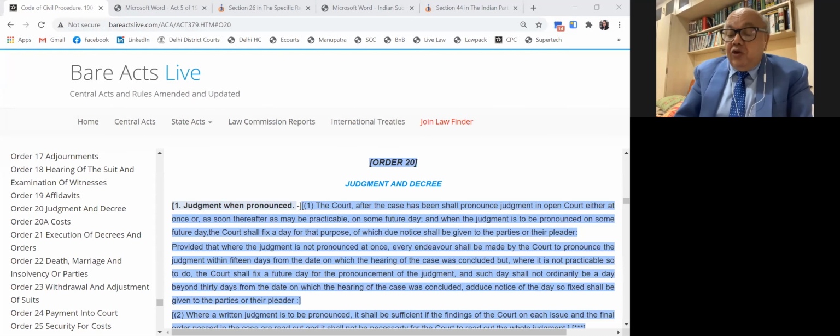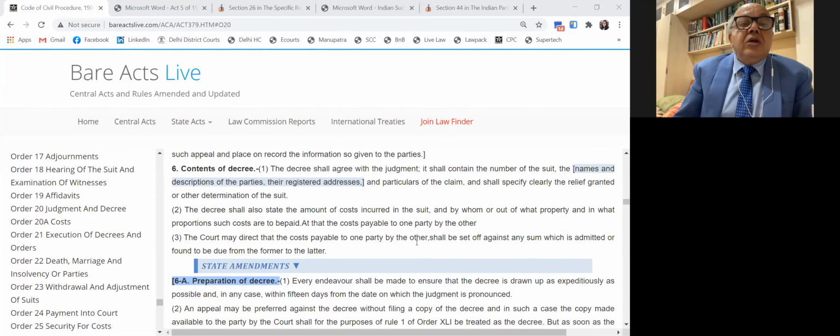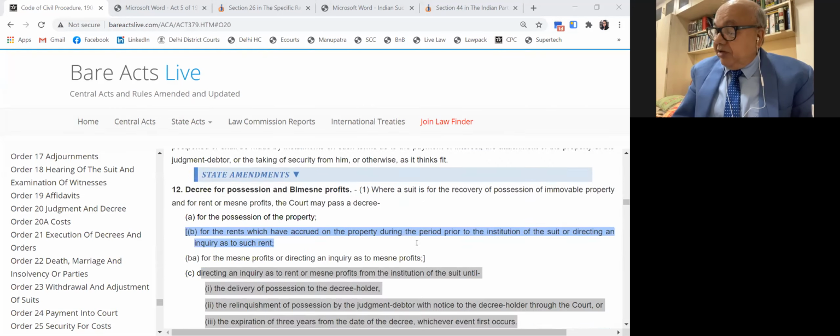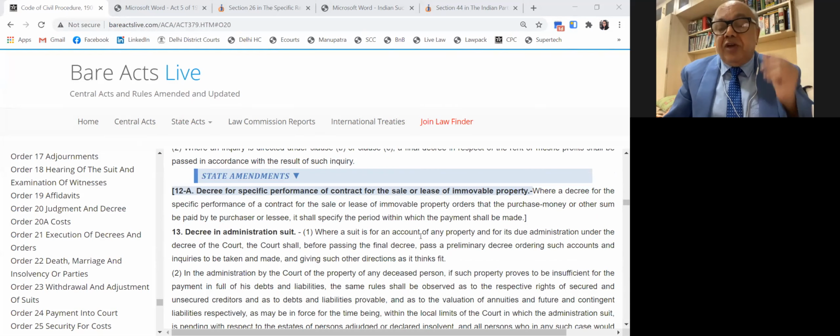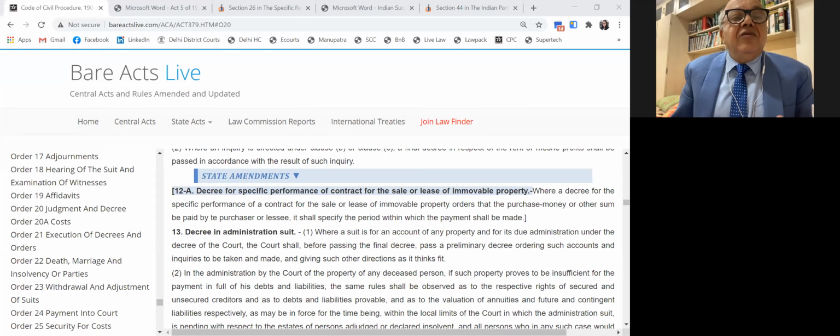Then Order 20, Rule 12A, decree for specific performance of a contract of sale or lease of immovable property. Now, under the provisions of the Specific Relief Act, Sections 15 to 20 of the Old Act, you have been filing suits for specific performance when your builder has not given you the flat, or when somebody has not performed the contract.